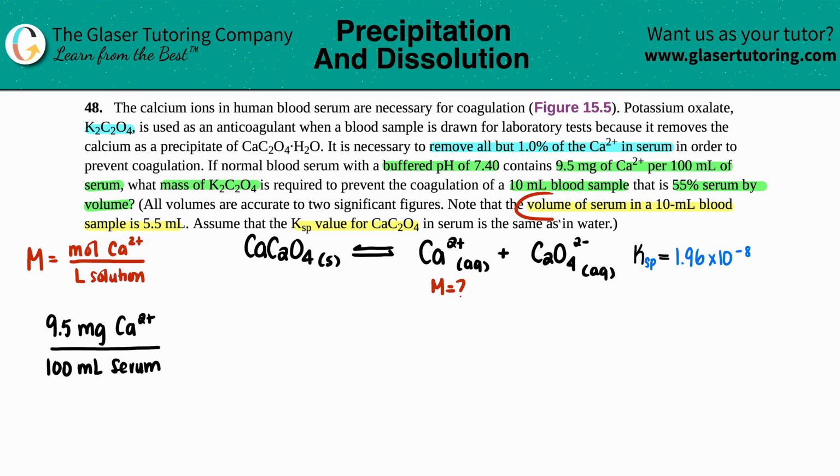Because you notice how they say the volume of the serum in 10 mL of blood is only 5.5 mL. The solution is the whole entire thing, solvent and solute. So in this case, we're looking for that specific blood sample, not just the serum. So somehow I have to get rid of the serum value because I want liters of blood.